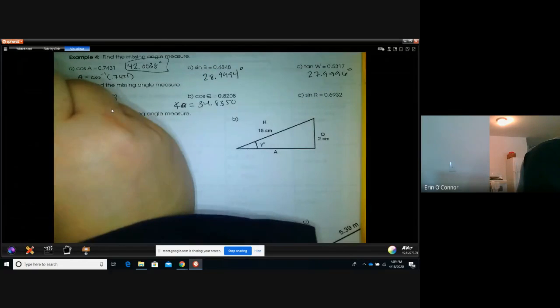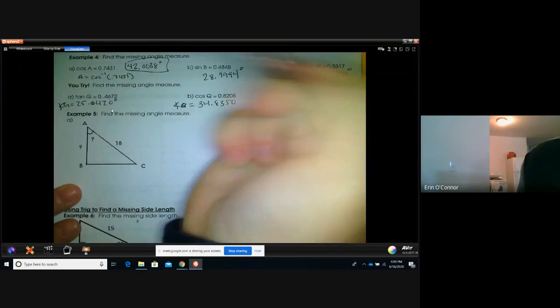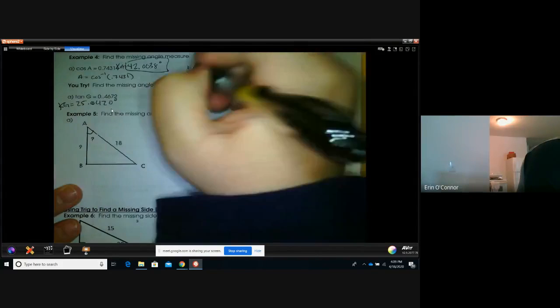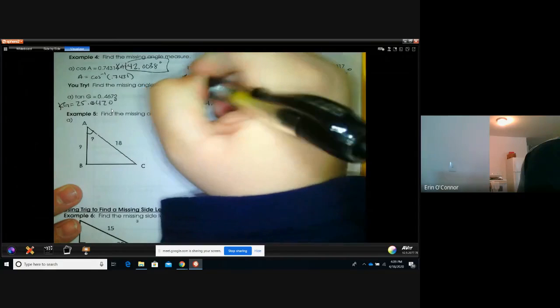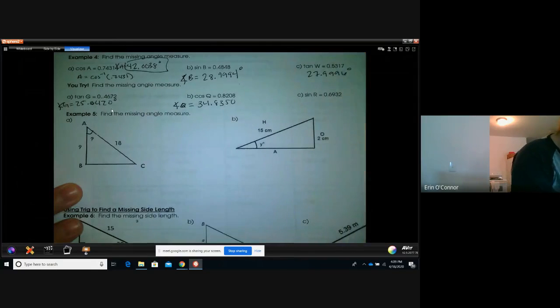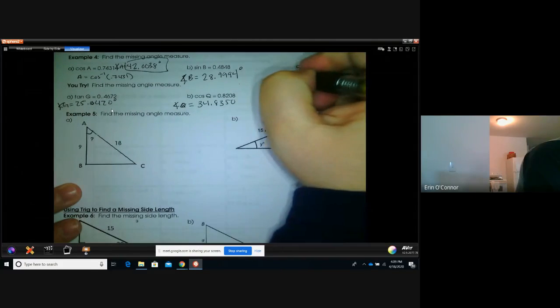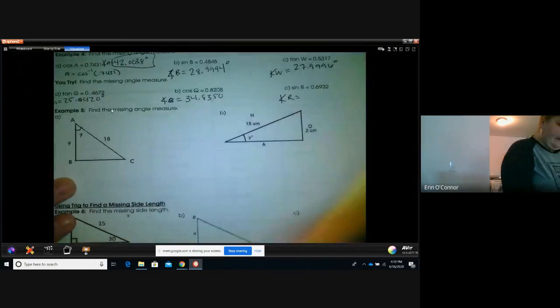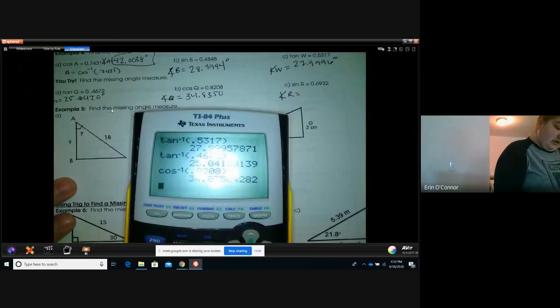And we are going to officially write these normally as angle Q equals, angle G equals, this is angle A equals, just so we can remember what this looks like in official math language. So this one's going to be angle R equals, let's put that one in there, inverse sine 0.6932.